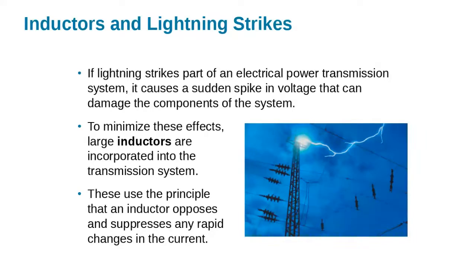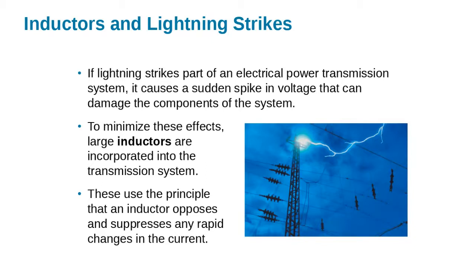And then these effects can be minimized by using large inductors that are placed in the power transmission system. And like we said, an inductor tends to oppose any change in current. The power transmission system should usually be delivering current at a steady rate, so the inductor wouldn't actually be doing anything. It wouldn't have any EMF in it.